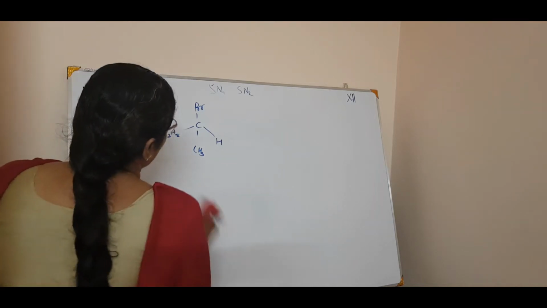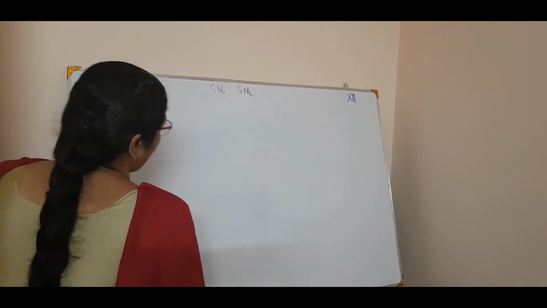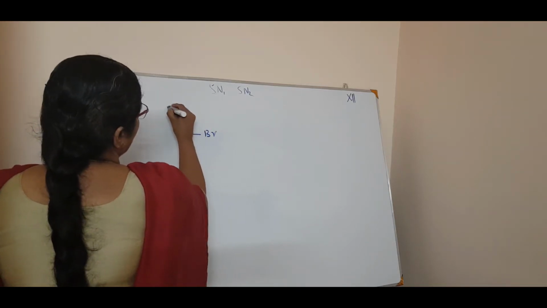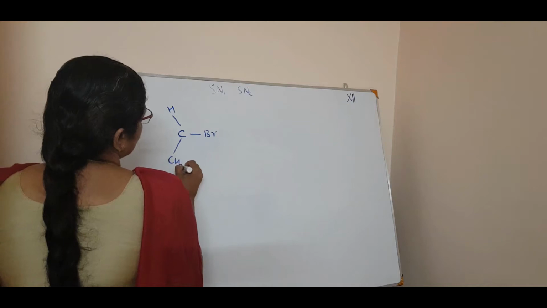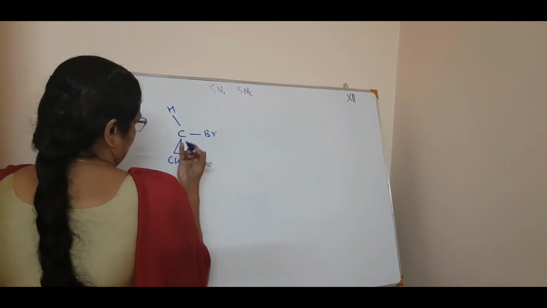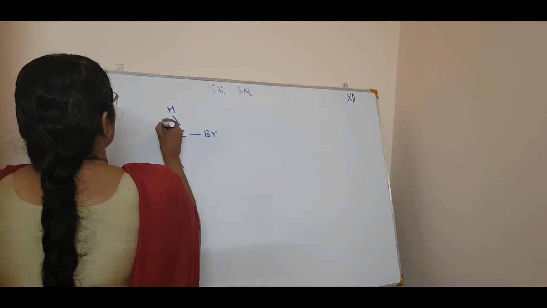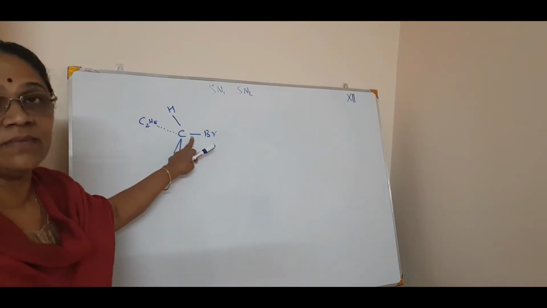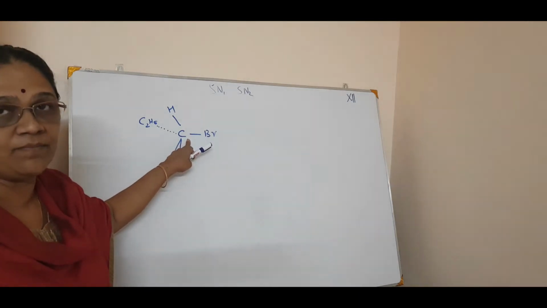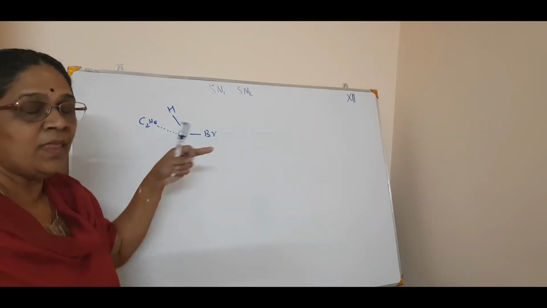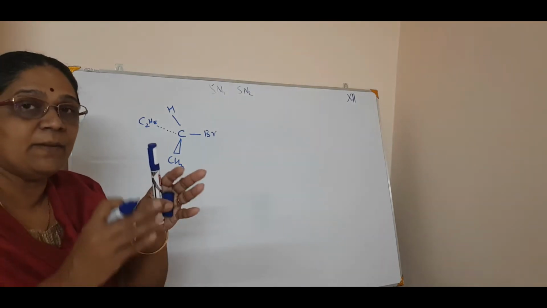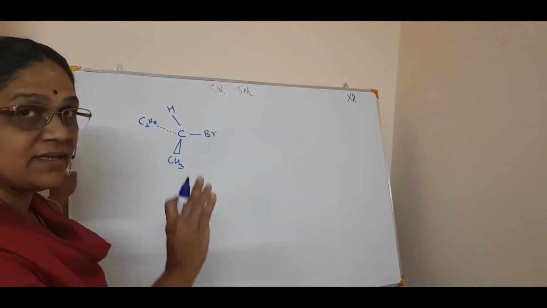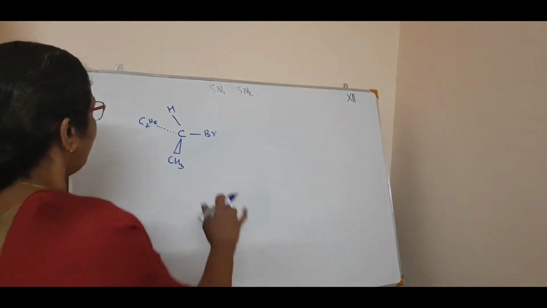If I want to draw the mechanism, I will draw it the way we explained there: C, here Br, then hydrogen, CH3 with a wedge upwards, and a wedge downwards, that is C2H5. So this carbon atom is an optically active carbon atom. It is an asymmetric carbon atom whose mirror image is non-superimposable on the other, so the mirror images are enantiomers.